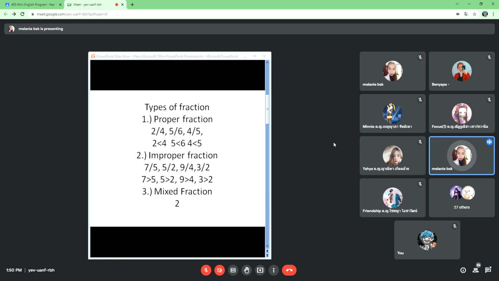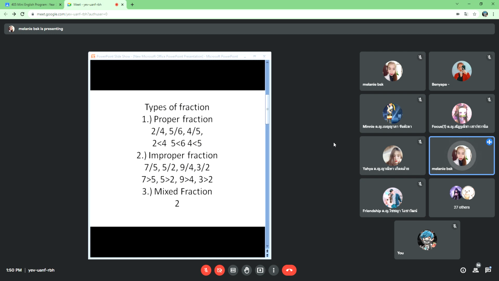Okay, children, for those who are finished, could you please answer page 84 also? On page 84, you're going to write down the mixed fraction in the blank provided. You already have the example in here. 1 and 1/4 is read as 1 and a quarter.